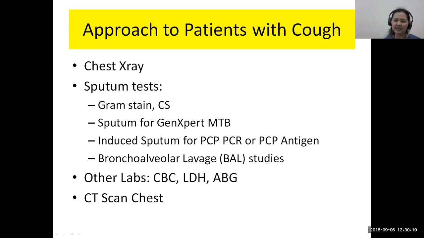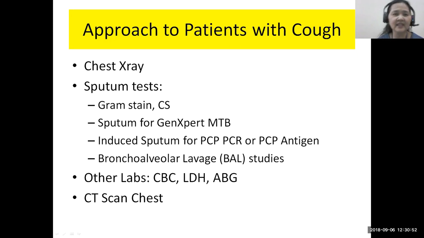So we send these precious respiratory secretions for tests like PCP PCR or PCP antigen. That's still what it's called, PCP. And if very ill and still not sure of the diagnosis, you can pursue bronchoalveolar lavage studies and send them for the same tests: bacterial cultures, TB tests, and PCP tests.